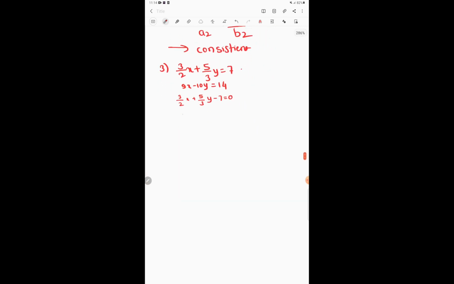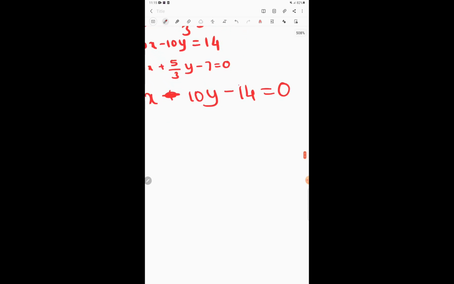The second is 9x minus 10y plus 14 minus 14 is equal to 0.